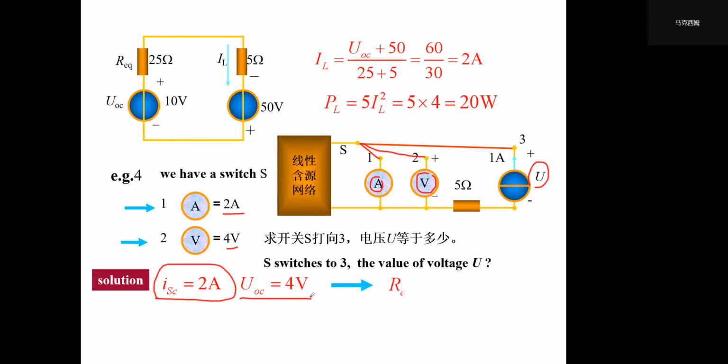So we can calculate the equivalent resistance: 4 over 2 is 2 ohm. Then we can transform this linear system using the Thevenin theorem into a simple voltage source.